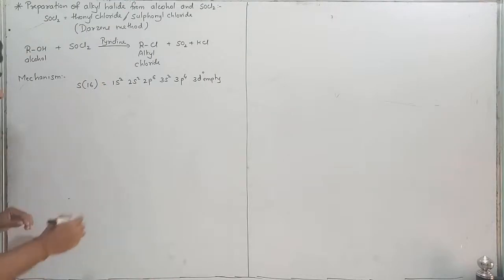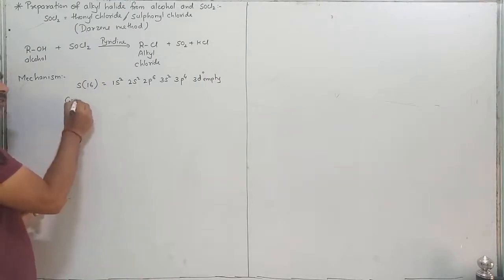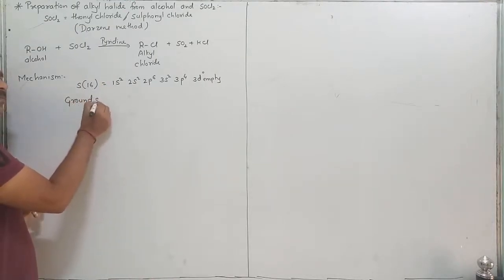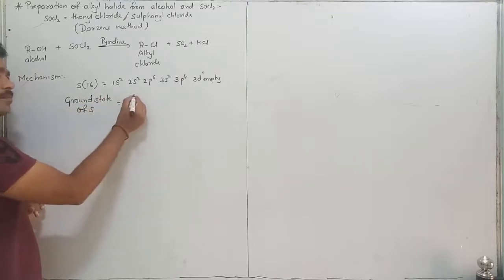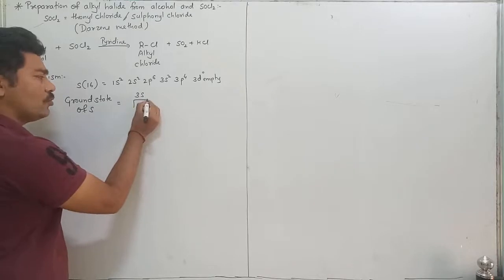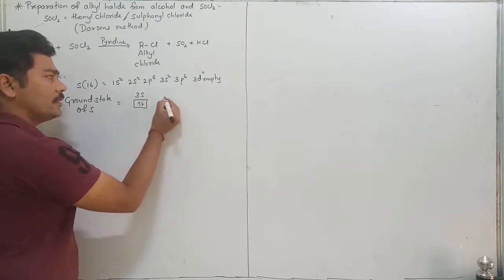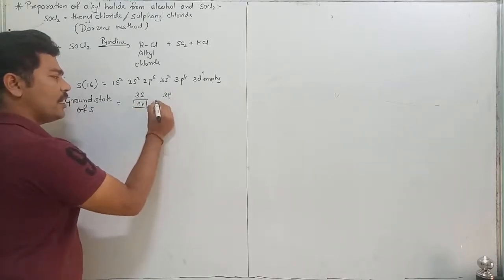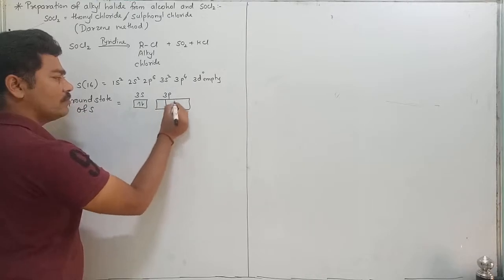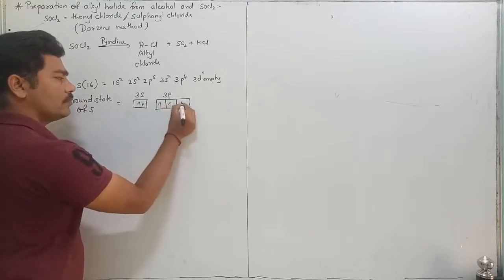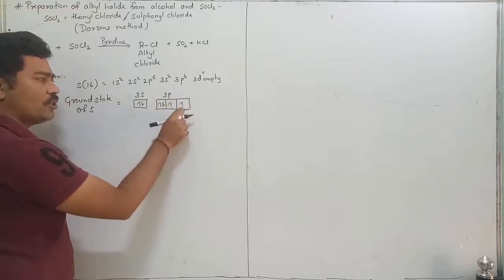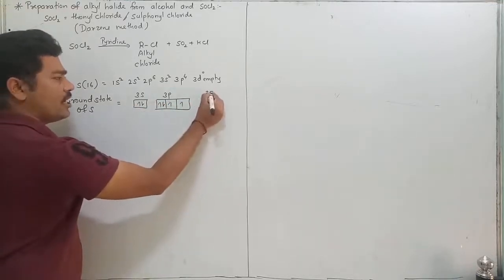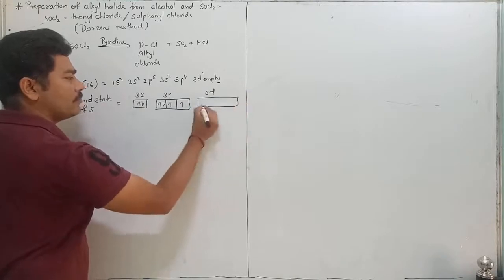Now the ground state of sulfur: 3s contains 2 electrons, 3p contains 4 electrons, and 3d is completely empty.